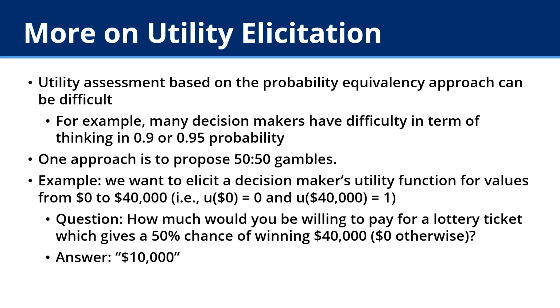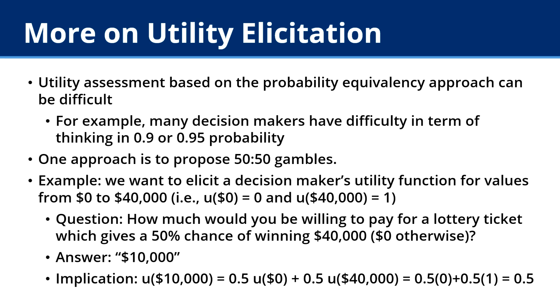Okay, so the implication here is that, based on what we have, we can figure out what the utility of that $10,000 is. The utility of $10,000 is simply, because we're using a 50-50 lottery here, 50% times the utility for $0, which in our case is 0, plus 50% times the utility of $40,000, which is 1 here.